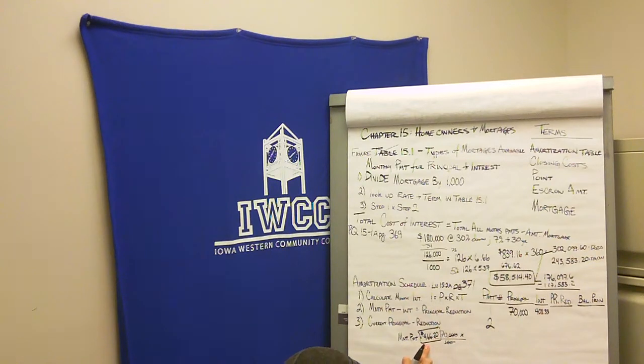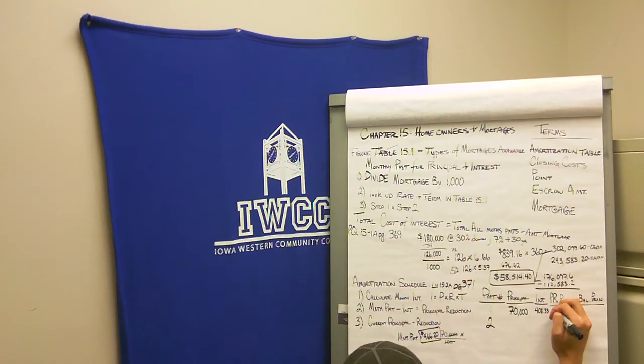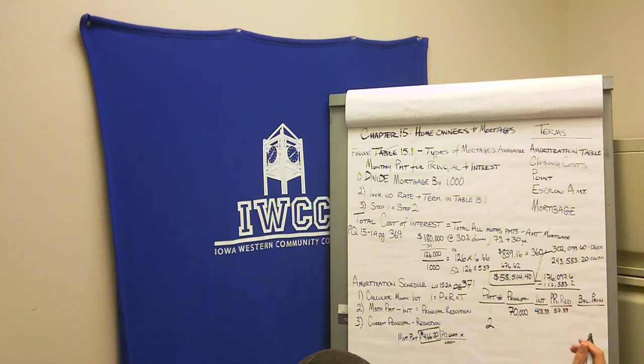So if I pay $466.20, I have to pay off the interest first. How much actually goes to principal reduction? When I subtract that, it's only $57.87. So our entire balance only reduces by $57 because there's so much interest.